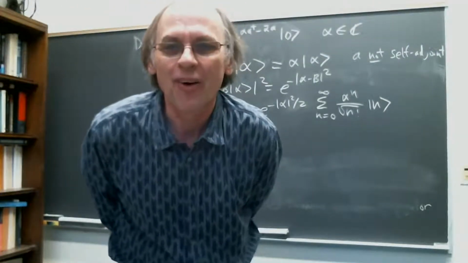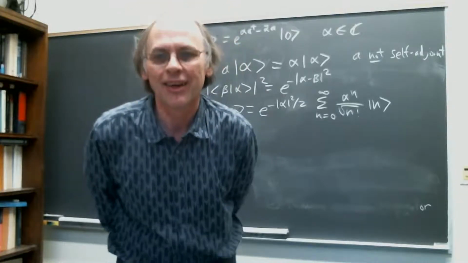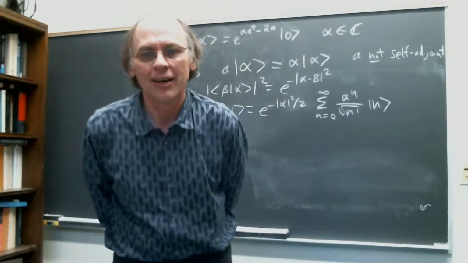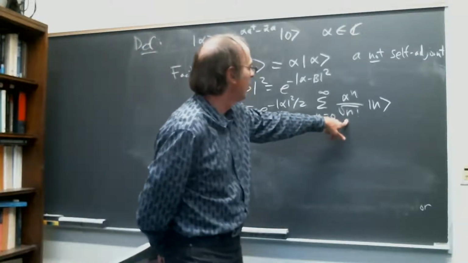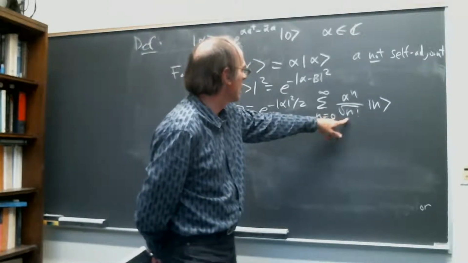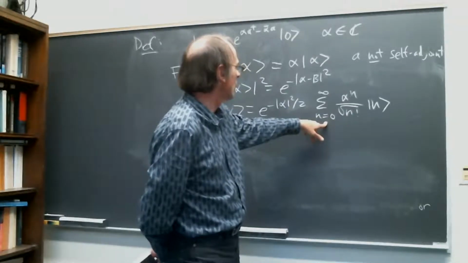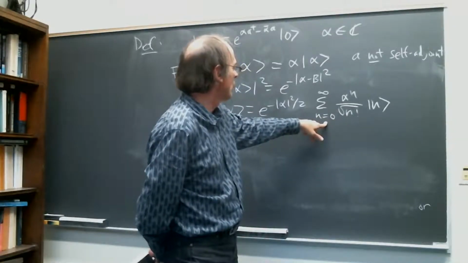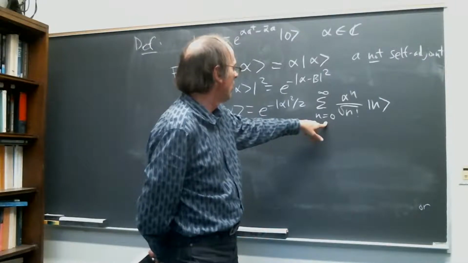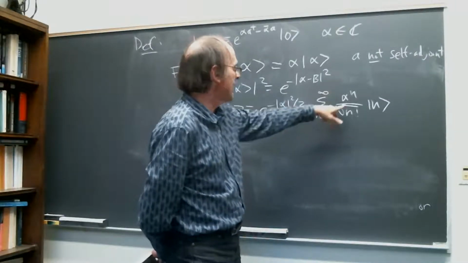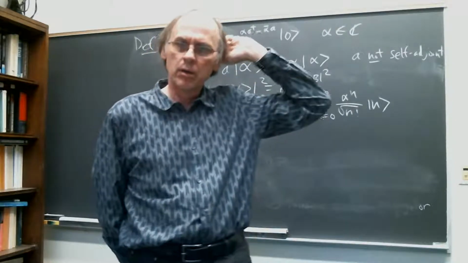So. Okay. So yeah, question about the series. If the index is greater than the actual n of the state, then they will just annihilate, right? So it only matters up to some finite number of terms. No, I mean it's an infinite sum.